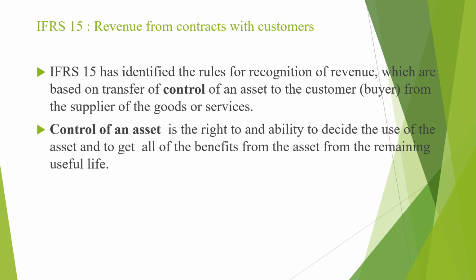Transfer of control of an asset means the right and the ability to decide the use of the asset and to get all the benefits from the asset over its remaining useful life. So whenever you're talking about control, you have to remember all the rights to the asset are transferred.